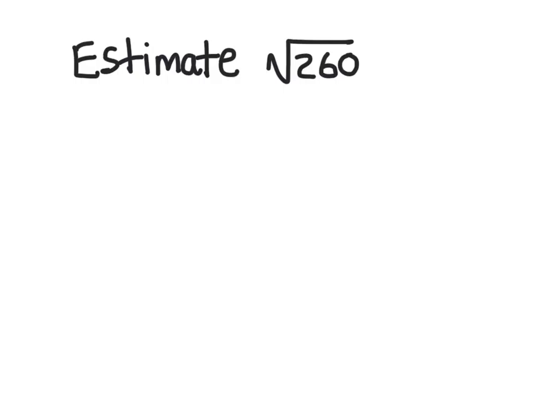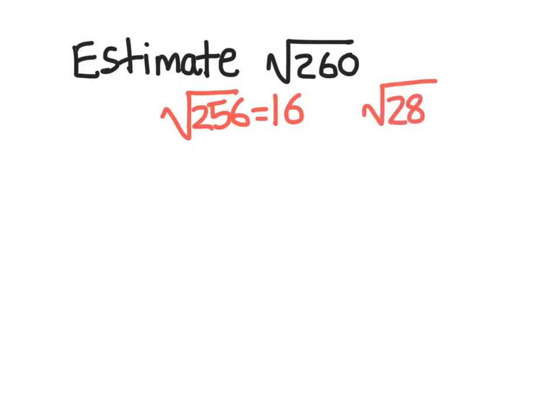Welcome back from pausing the video. The two closest perfect squares are the square root of 256, which is 16, and the square root of 289, which is 17. So this number is going to be between 16 and 17, but you can see that it's a lot closer to 16 than it is to 17. So let's take a guess.